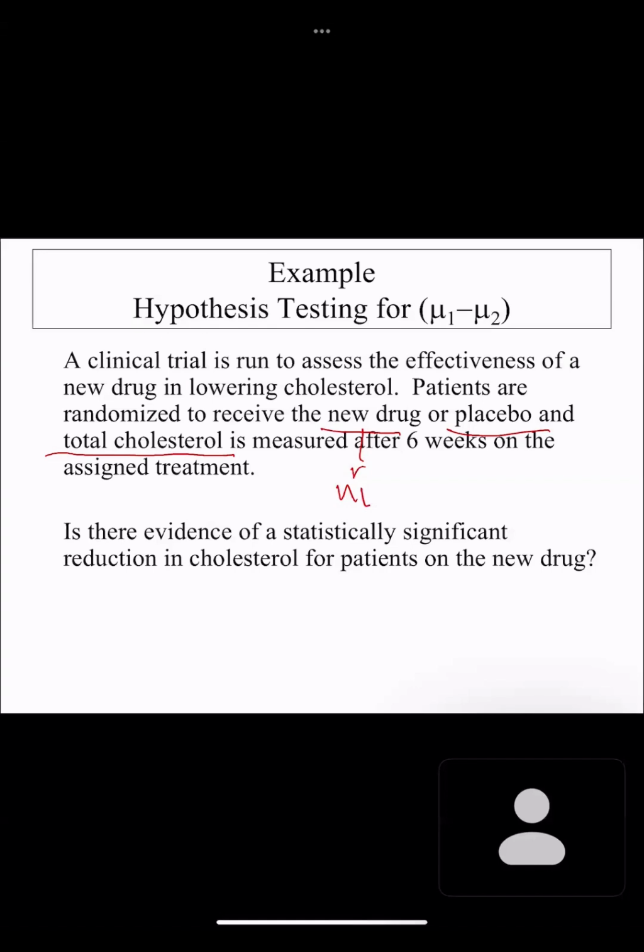So what we want to look at is the mean total cholesterol for the new drug, and compare it to the mean total cholesterol for the placebo.